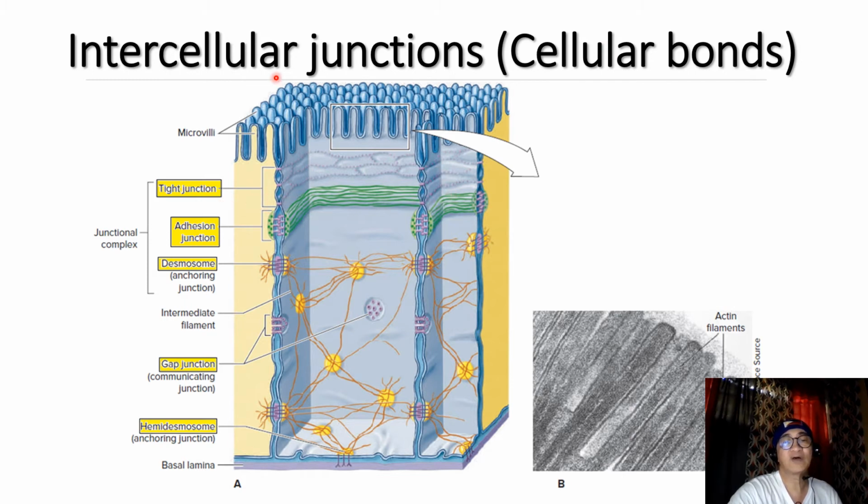And this seals off any substance or liquids that is out at the outer surface or the apical surface of the cell and at the bottom surface of the cell. So it prevents molecules from passing through the intercellular spaces of the cells.